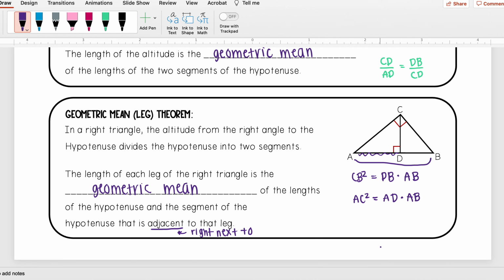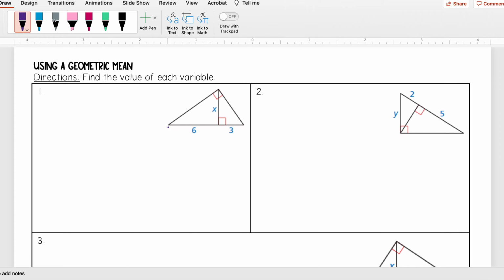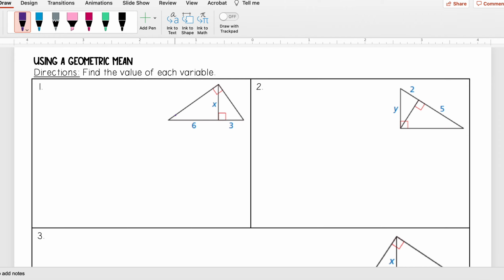So let's look at some examples of using these two theorems. When we're finding the value of the variable, you're first going to be looking at, okay, am I trying to find the altitude or am I trying to find the leg? Because that will determine which theorem you're going to use. So here I want to find the value of x. X is my altitude, so I'm going to be using that first theorem.